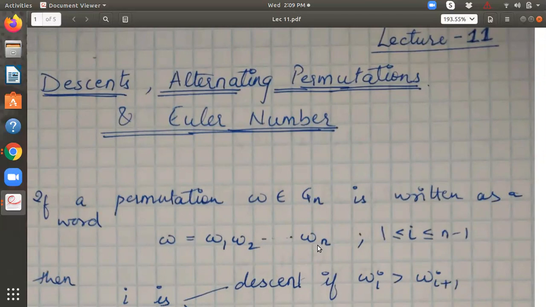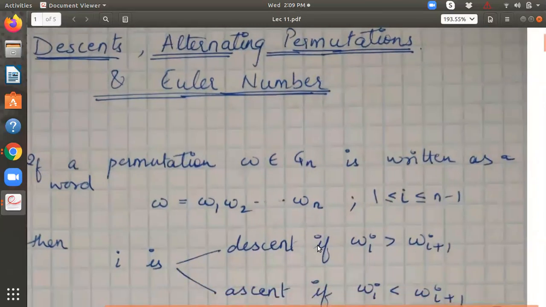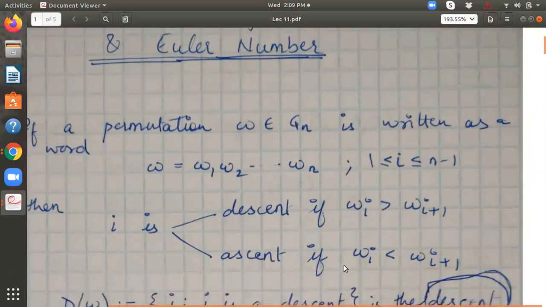Correct? So if at any i you're standing and you see Wi, compare Wi with its next element. If Wi happens to be larger than its next element, then you say that i is a descent. And if Wi is smaller than Wi plus 1, you say that i is an ascent.